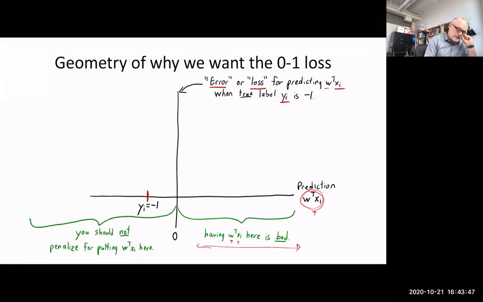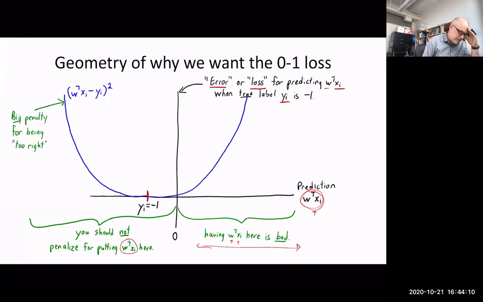We're going to move W around eventually, but for a particular W and a particular Xi, you should not get penalized for putting W transpose Xi over here. If the sign of W transpose Xi is negative, you're fine, right? There should be no penalty.